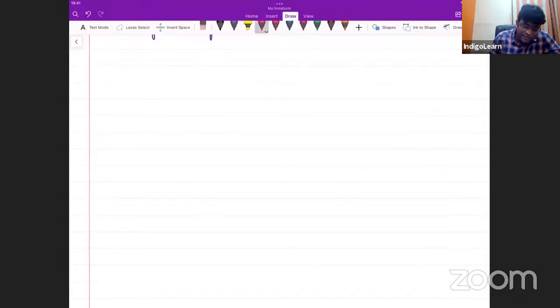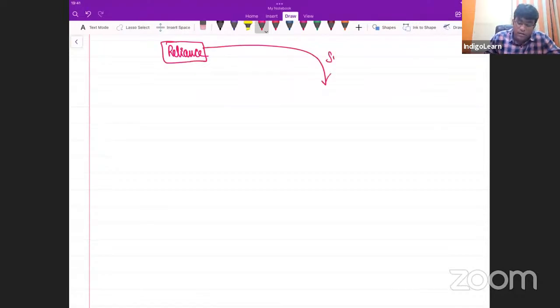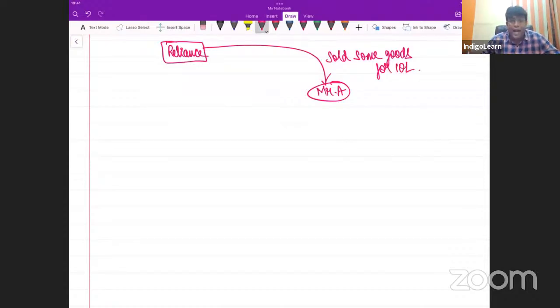So let's say Reliance sold some goods to one person, Mr. A, let's say for 10 lakh rupees. And while selling the goods for 10 lakh rupees, they clearly told that payment should be made within 30 days.